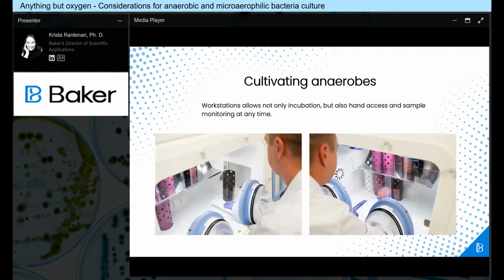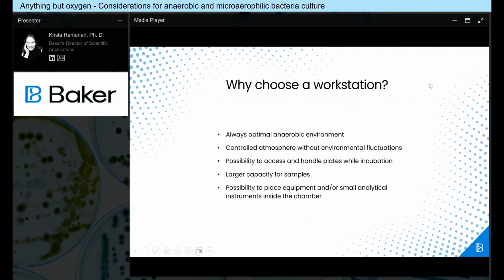Moving on to the next slide. I already mentioned a few benefits in working inside a workstation, especially if there is a large number of samples, if there are various different sample vessels, dishes, plates, shake flasks, tubes, etc., or if the research requires some small equipment or some small analytical instrument used under the anaerobic or microaerophilic conditions.